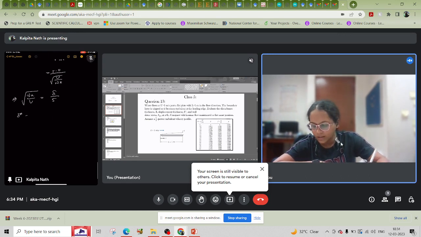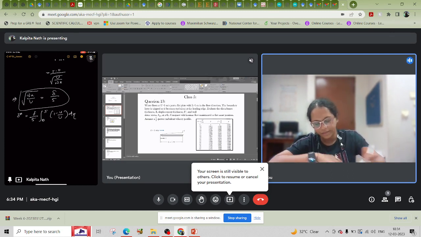Delta star is equal to delta by 5 times the integral from 0 to 5 of 1 minus small u by capital U d eta.